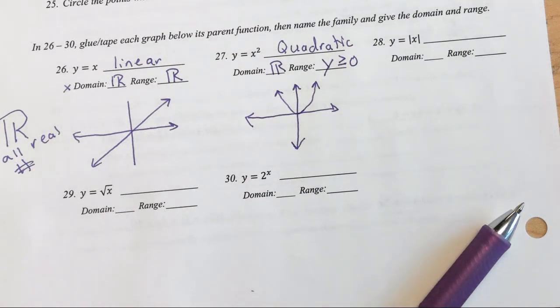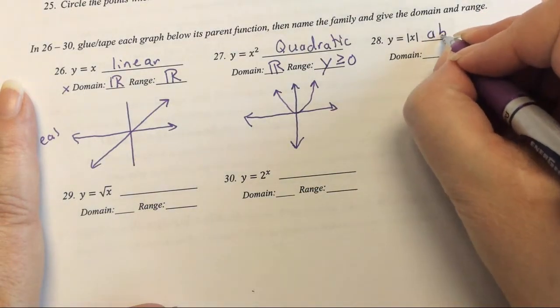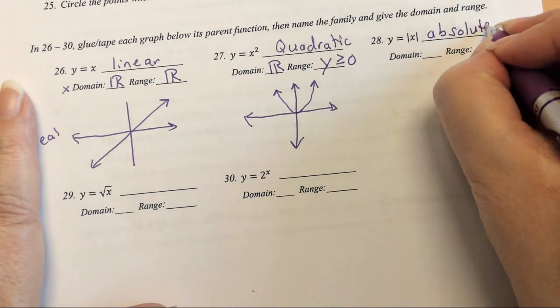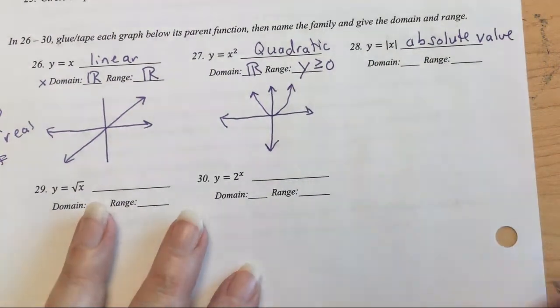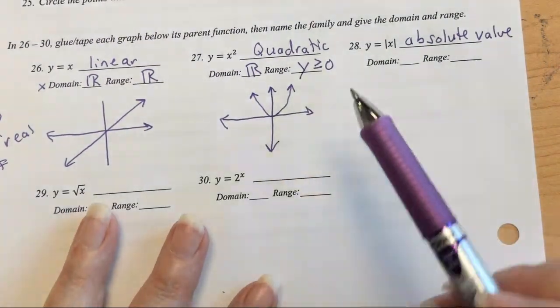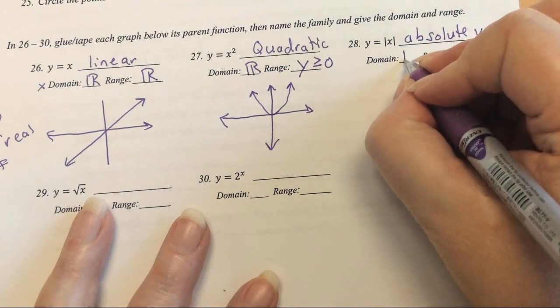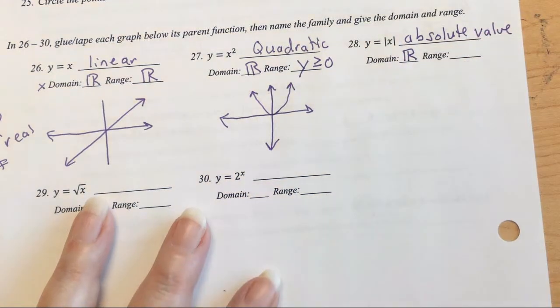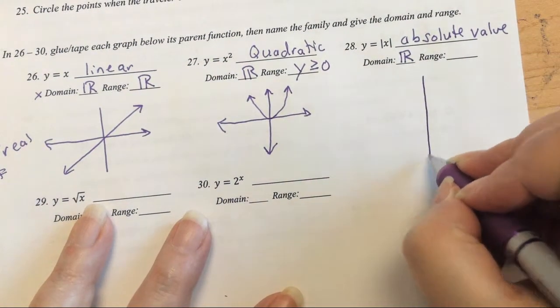Anybody remember what those lines are called? Absolute value is right. What is the domain of this? All real numbers. Oh, anybody remember what the shape of this graph is?